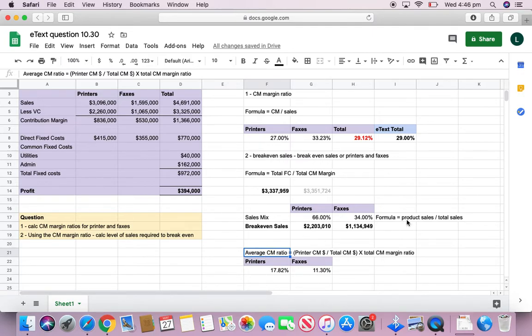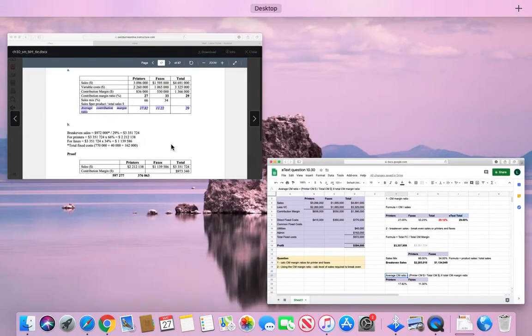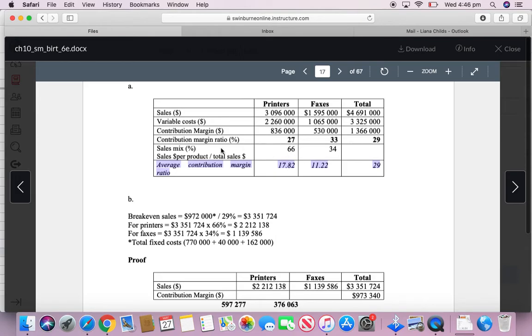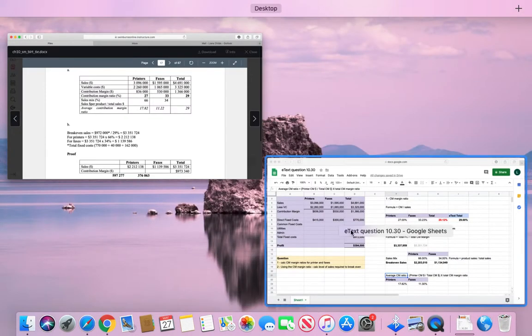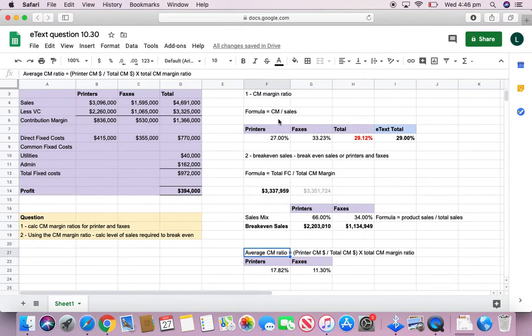I really just wanted to explain it so you knew how these figures over here were calculated, because they're a bit weird. But I wouldn't stress too much about that. I would know your CM margin ratio up here, how to calculate break-even sales and your sales mix, and then how to split up the break-even sales here. All right, so I hope that helped.